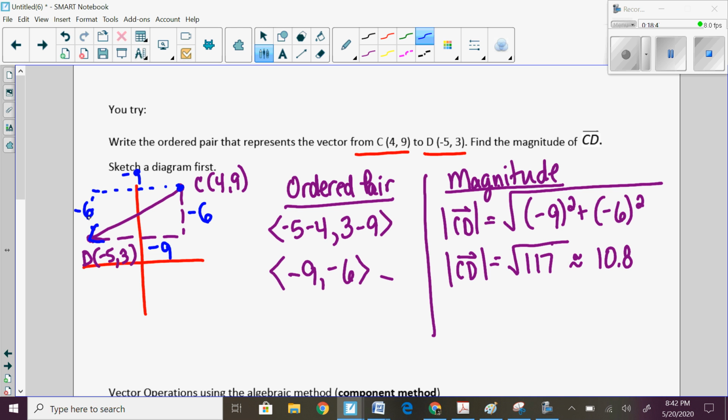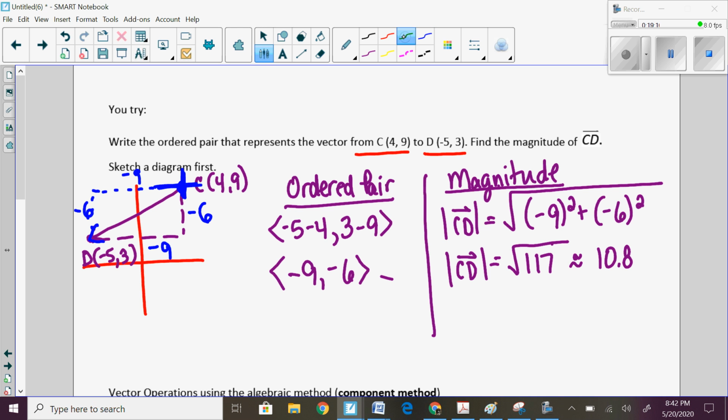Okay? So, something that I didn't ask you to do on this particular problem was find theta, find the angle. What rotation is this at, or what direction is it going in? So what we really have to do here is think of this as our own little coordinate plane right here, with this being the origin.